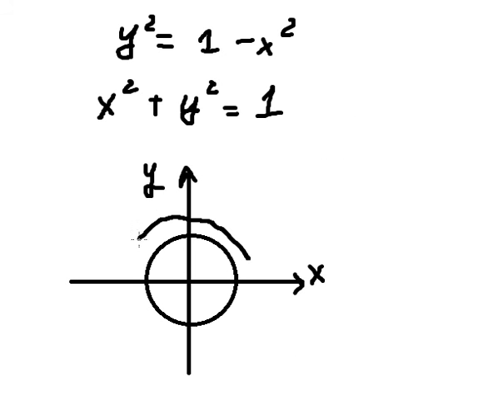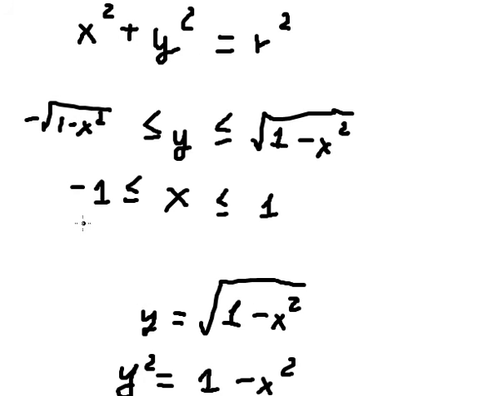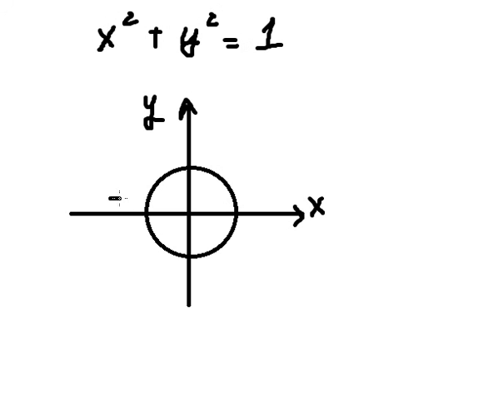So that is the positive square root and negative square root. The next one is from negative 1 to positive 1. So that should be in here.